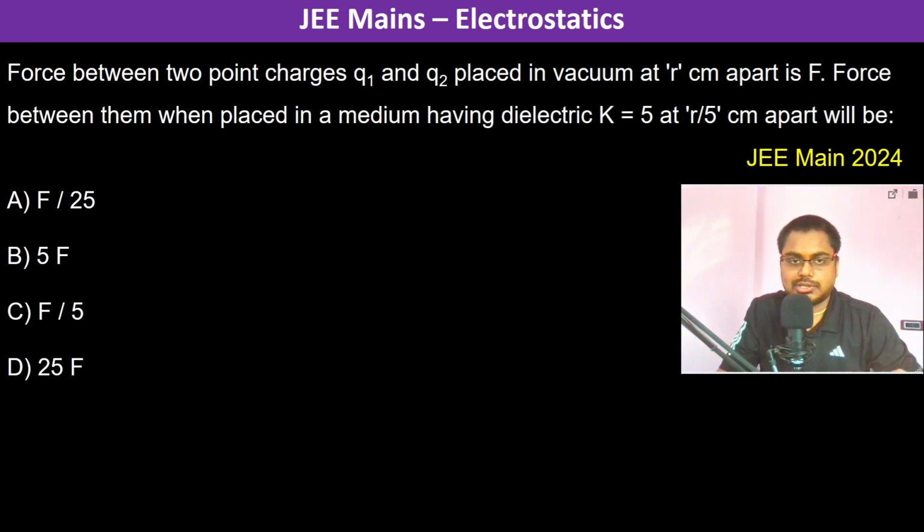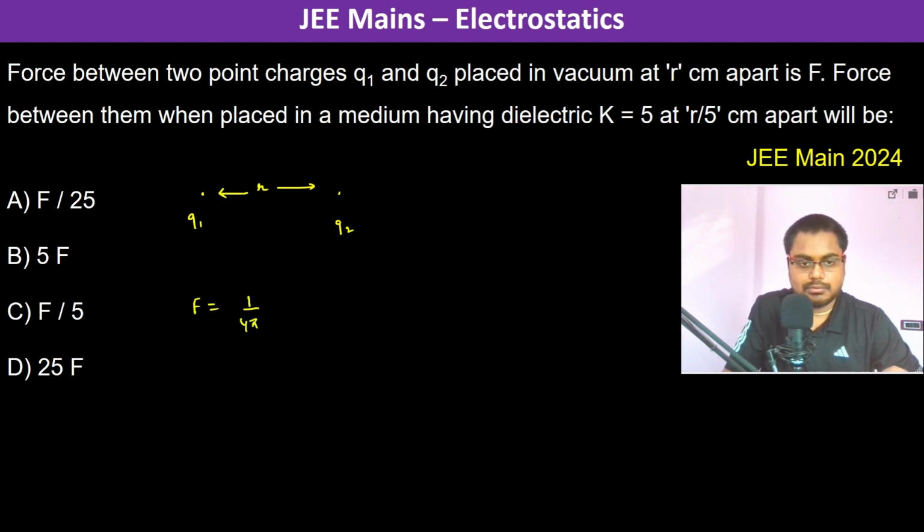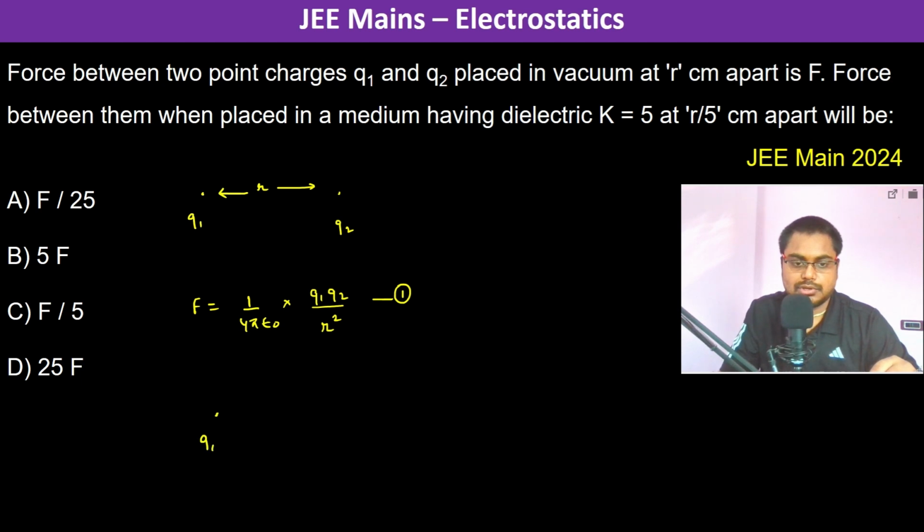Force between two point charges Q1 and Q2 placed in vacuum at r centimeter apart is F. So F is equal to 1 by 4 pi epsilon naught into Q1 Q2 divided by r square. This is the first thing. Force between them when placed in a medium having dielectric constant K is equal to 5, and now the distance is r by 5.